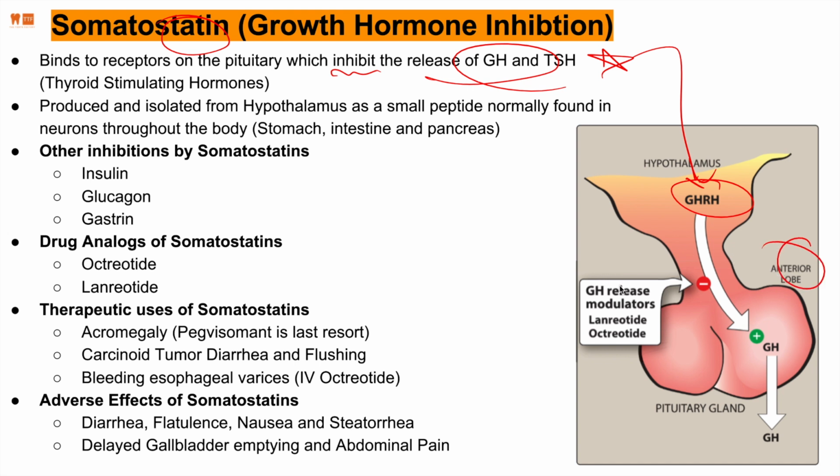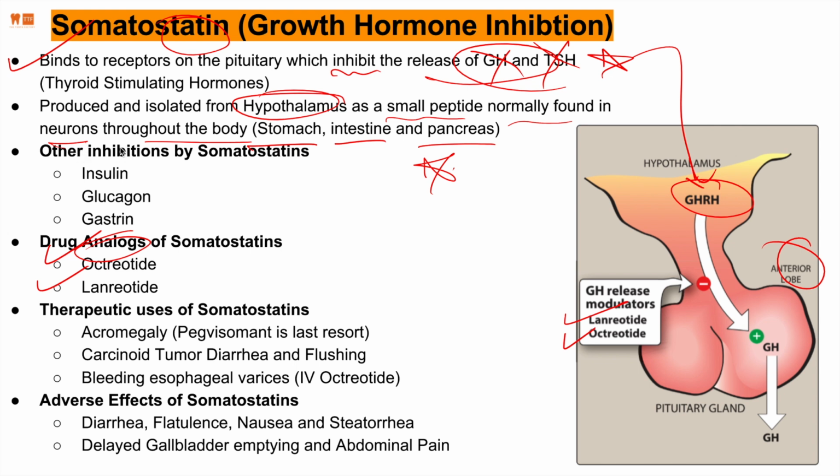Growth hormone modulators such as somatostatins, which is lanreotide and octreotide. These two are drug analogs, synthetic versions that prevent the release of growth hormone as well as TSH, thyroid stimulating hormone. They're produced and isolated from hypothalamus as small peptides normally found in neurons throughout the body, specifically stomach, intestine, and pancreas.